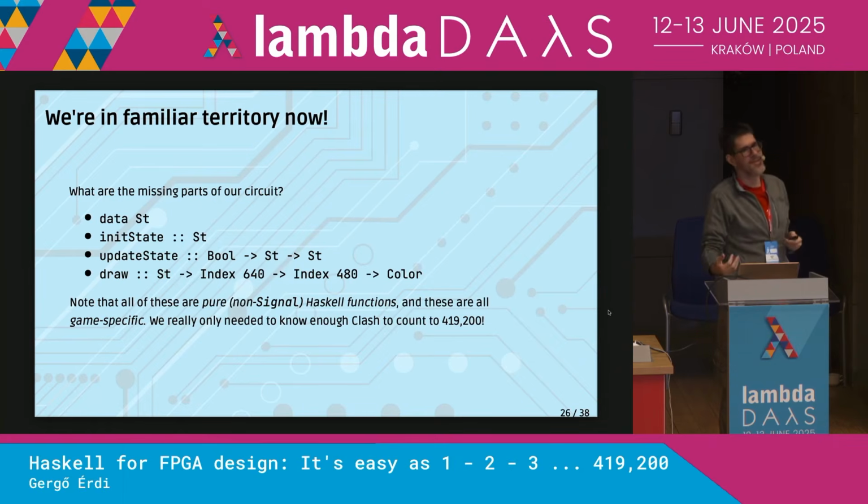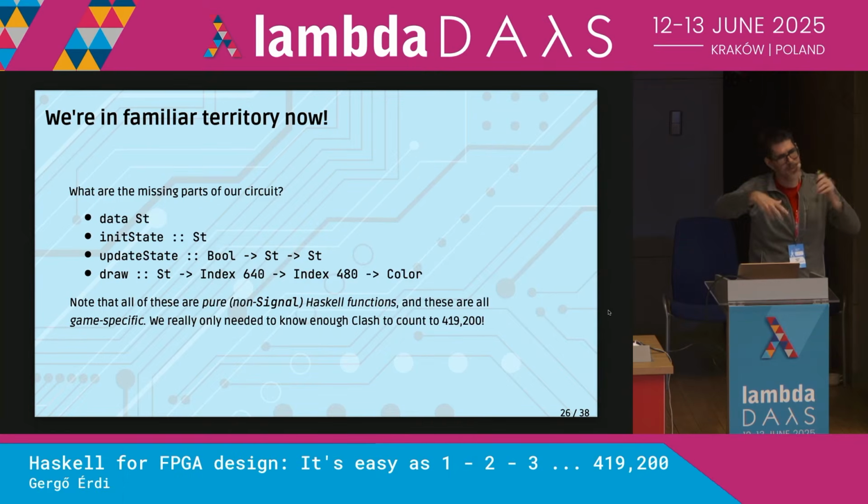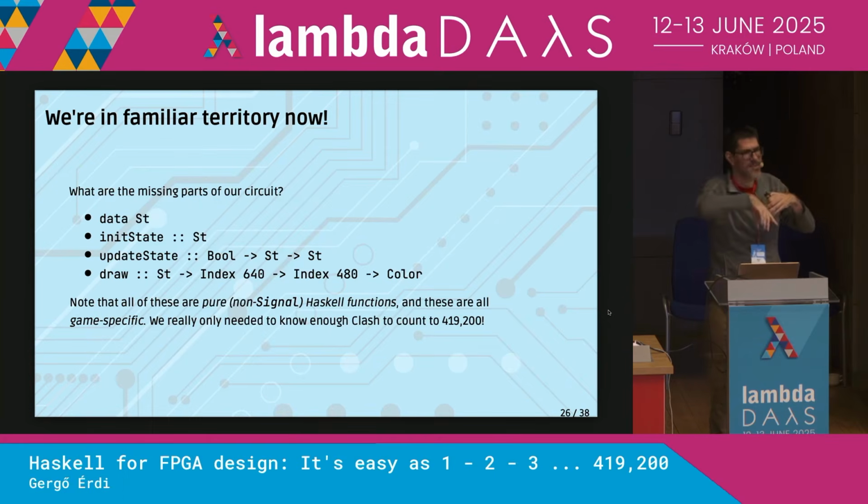But at this point, because we can use the abstractions of Haskell, and because we can use the applicative functor instance of signals to lift our pure functions into the combinational parts of our RTL, and because we can use custom data types, because it is a Haskell compiler, unlike the Lava family, here you can just make your own type. And then you can write your functions over your own type, which is exactly what we like to do in Haskell world, right?